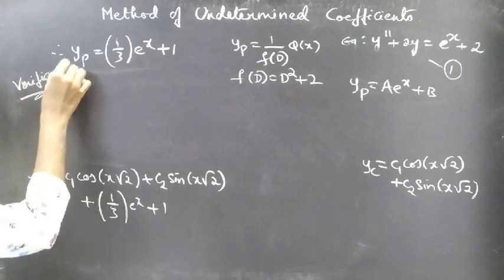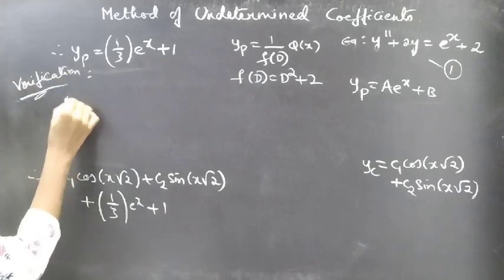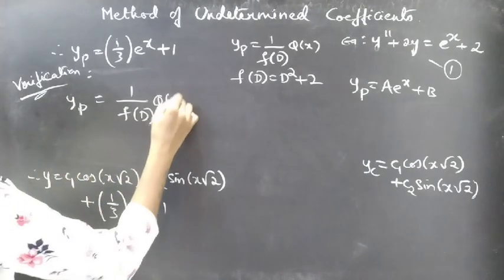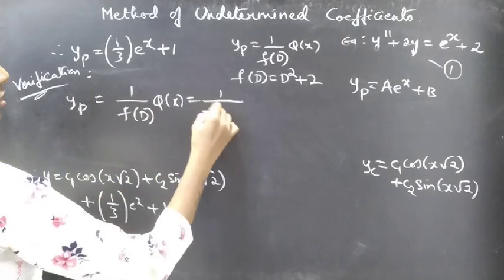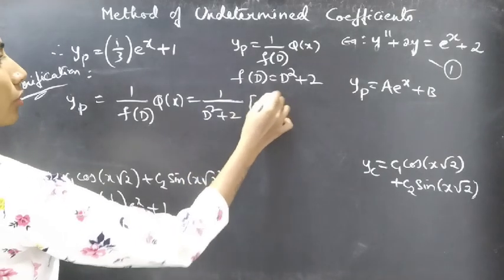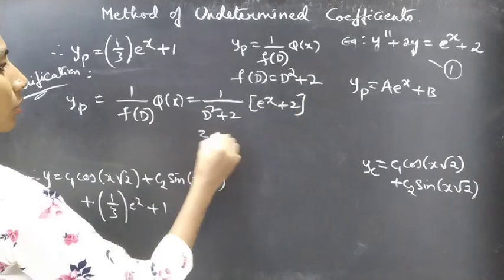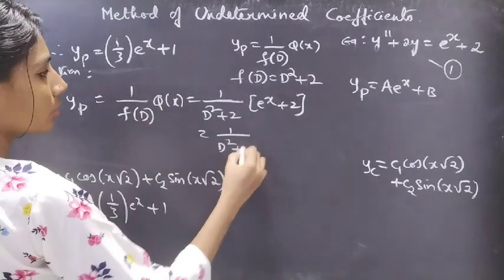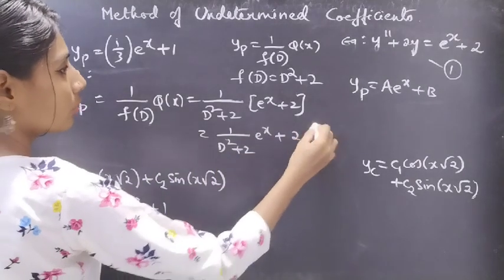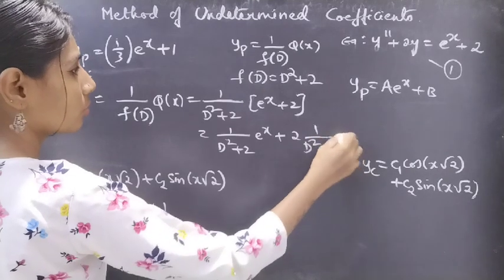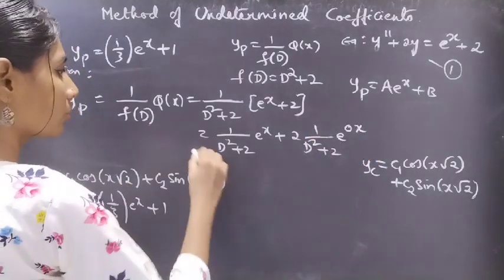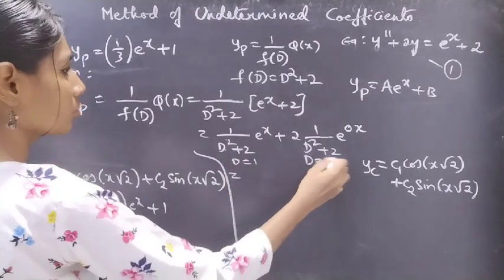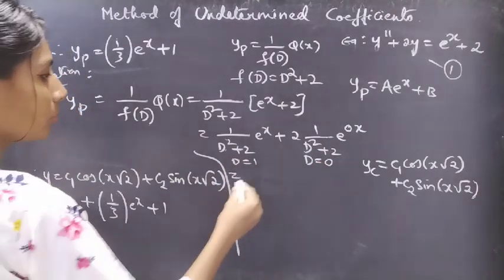Verification. yp equal to 1 by f of D into Q of x, where f of D equal to D square plus 2, Q of x is e power x plus 2. I can write this as 1 by D square plus 2 into e power x plus 2 into 1 by D square plus 2 into e power 0x. I substitute D equal to 1 in the first term and D equal to 0 in the second term.